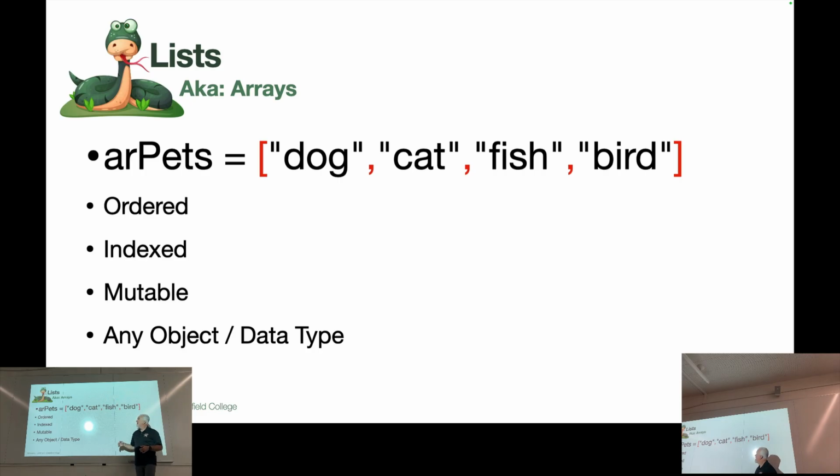I can put horse where I have cat if I want to. I can change these to be in alphabetical order if I want to. They'll stay that way until I change them again, but I can change anything I want about any part of this list because it's mutable. Okay, and here's the real power of lists. They can have any object or data type, including lists.